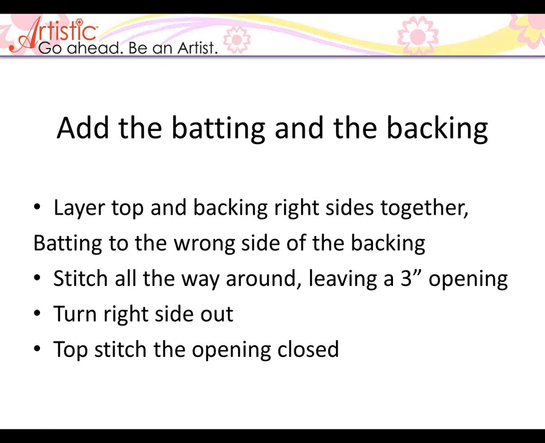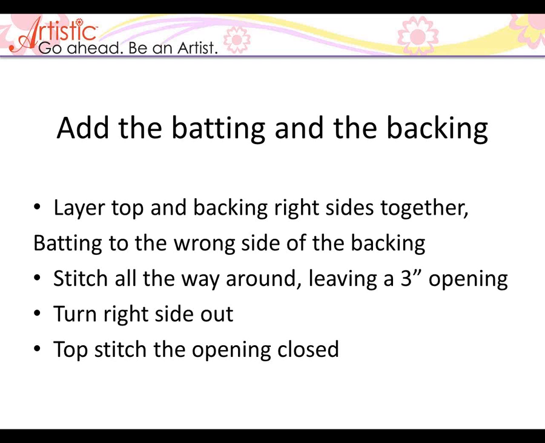I stitched all the way around this. You could add a border to yours if you'd rather do it that way. I just really wanted to, I had enough borders. It was growing too big for my wall. So I stitched all the way around it, and I left a 3-inch opening in the bottom so that I could turn it right side out.